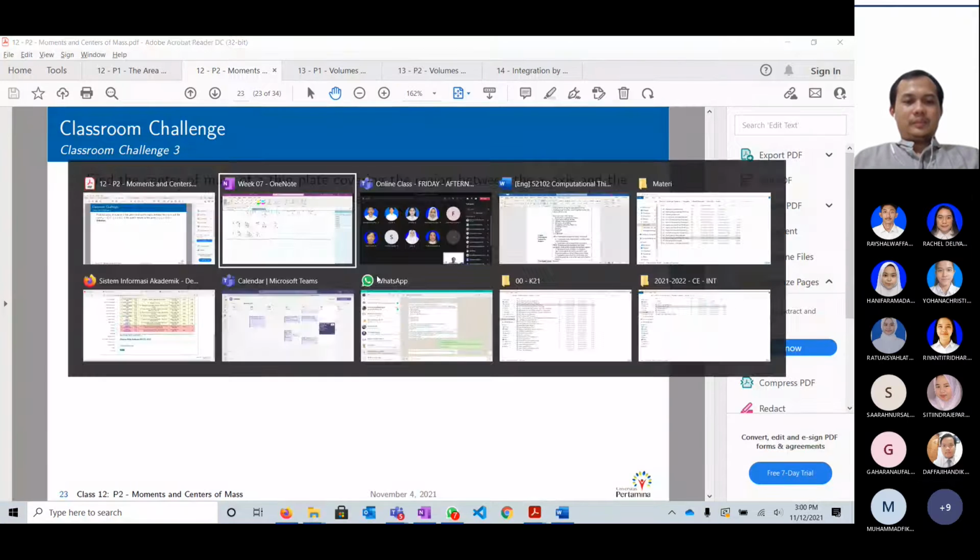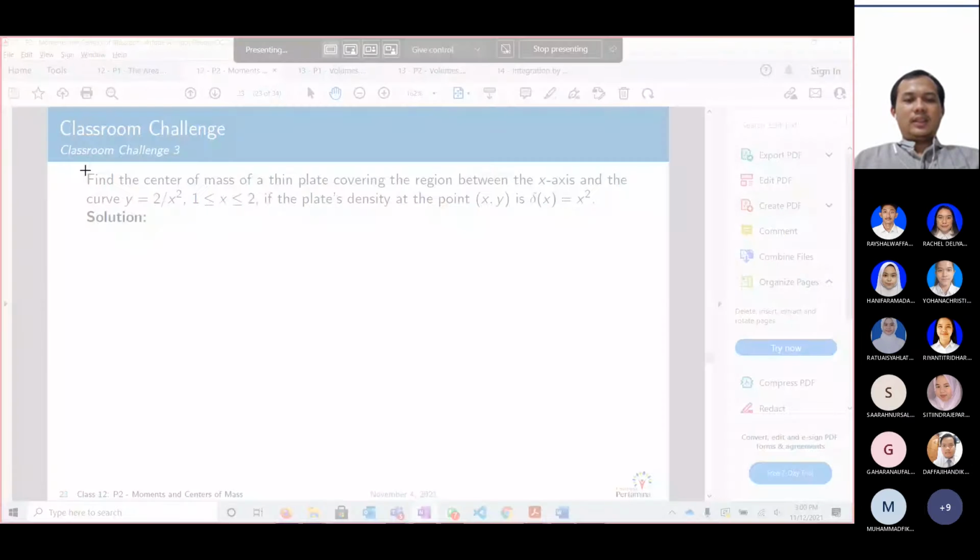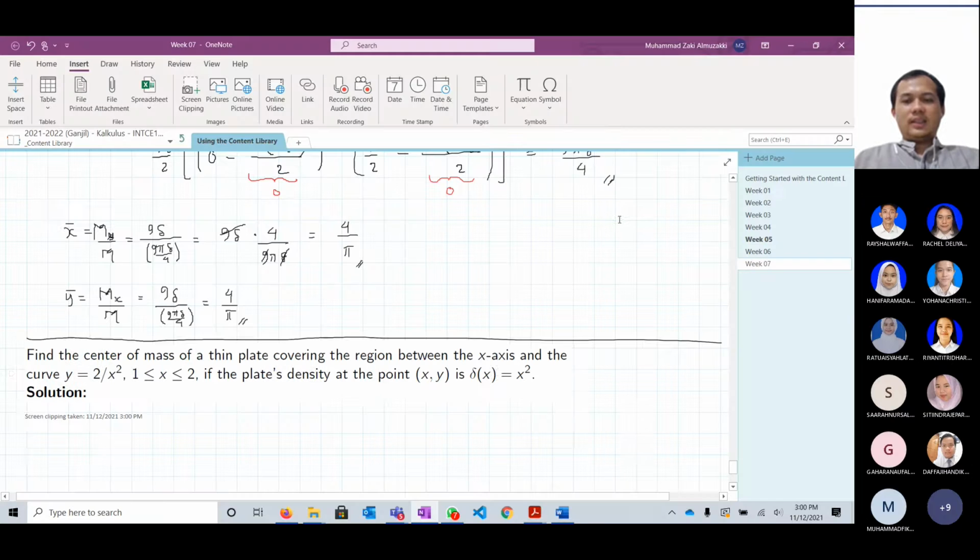Now this one. What if now the density is constant? Here the density is x squared.